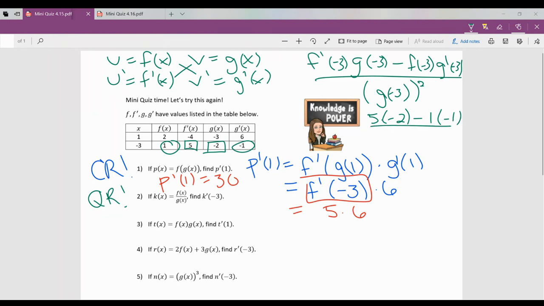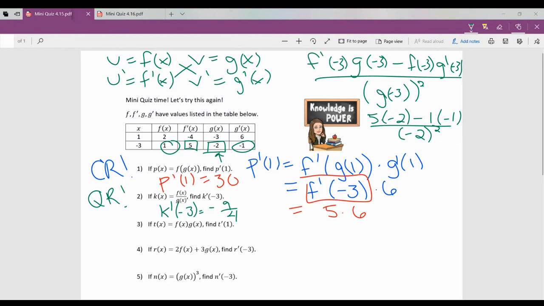All over g of -3, -2 squared. All right, so that is -10 plus 1. That's going to be -9 over -2 squared, 4. So k prime of -3 equals -9/4.